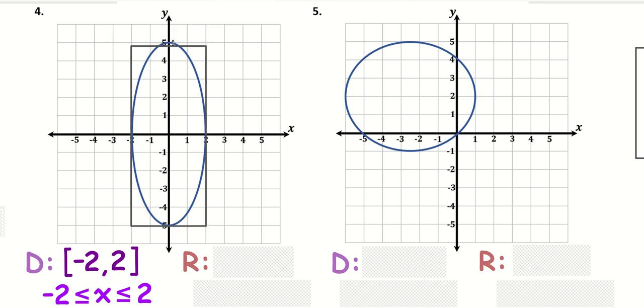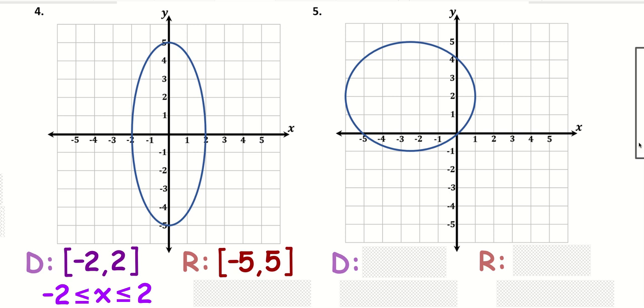If there's an infinite number of points with an infinite number of y coordinates, you have to do an interval from the lowest y value, how low does the graph go, to how high does the graph go. So this range would be all the y values from y equals -5 all the way to y equals 5 and everything in between.